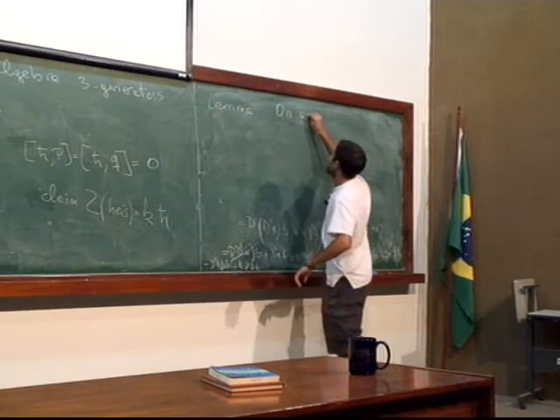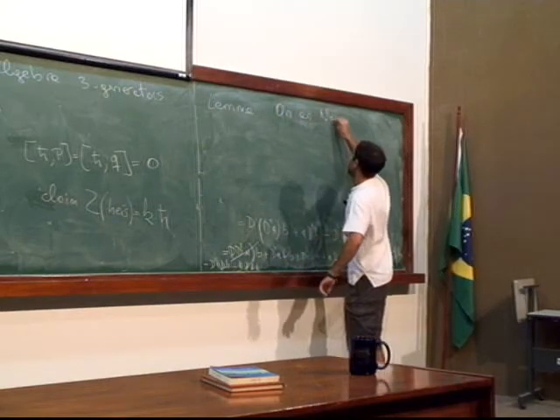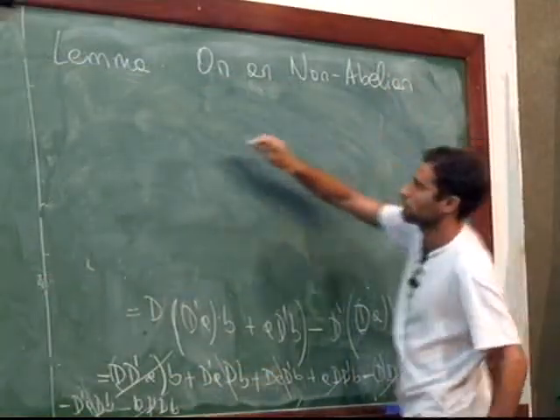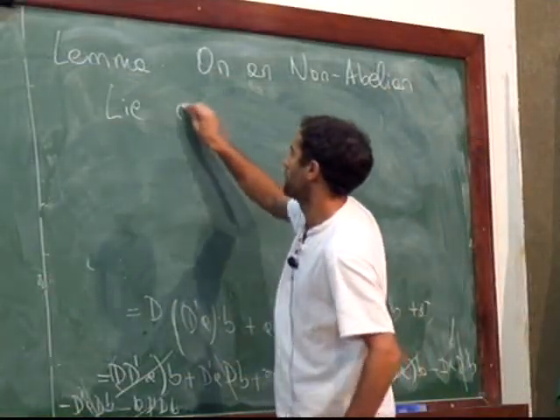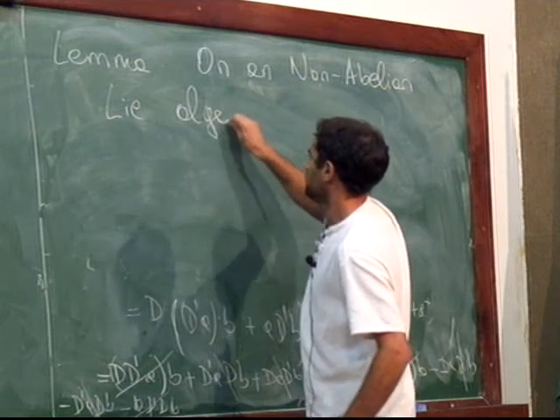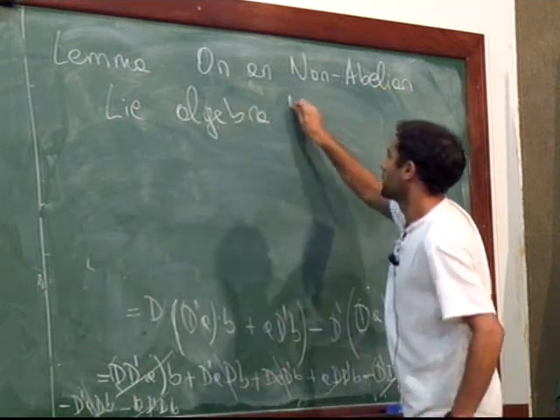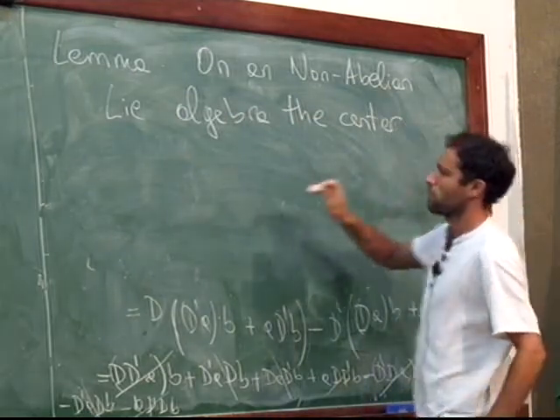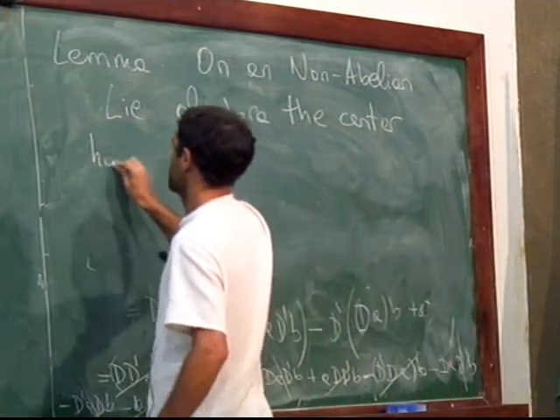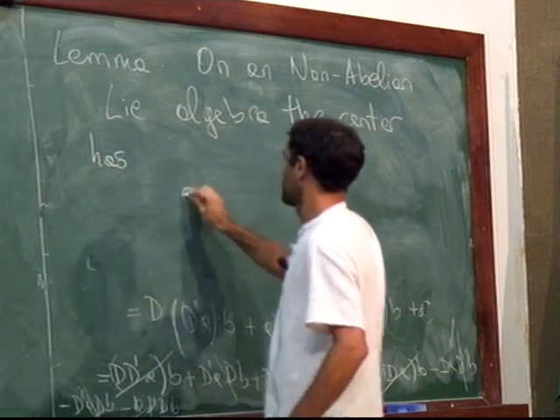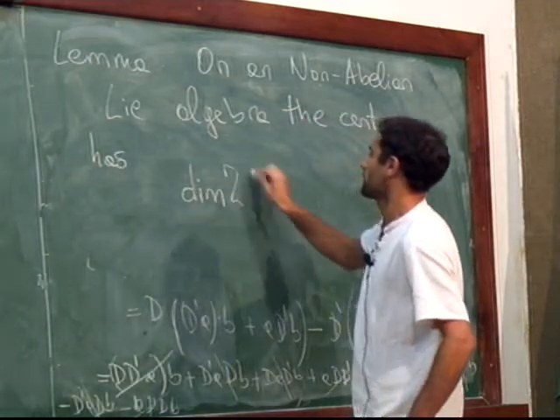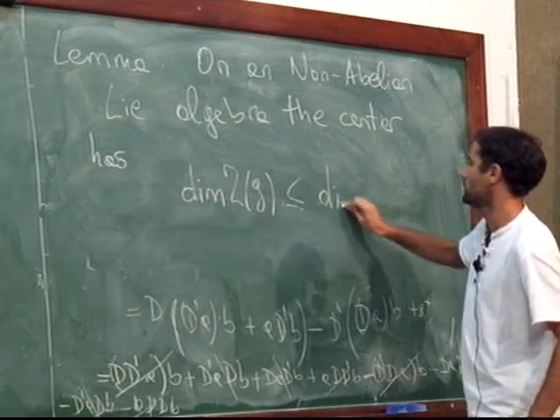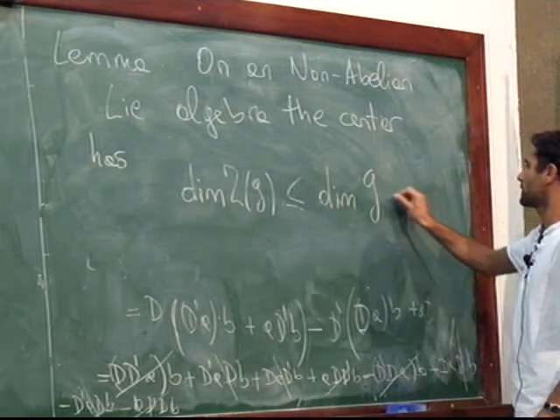On a non-abelian Lie algebra, the dimension of the center of G is less or equal to the dimension of G minus 2.